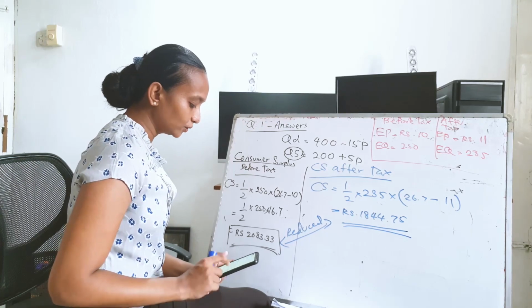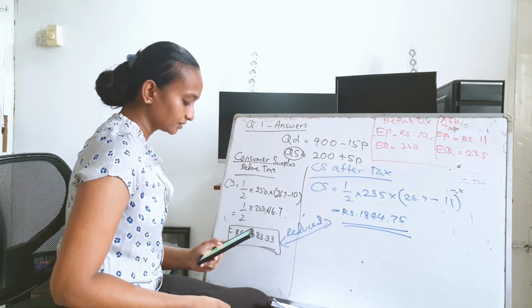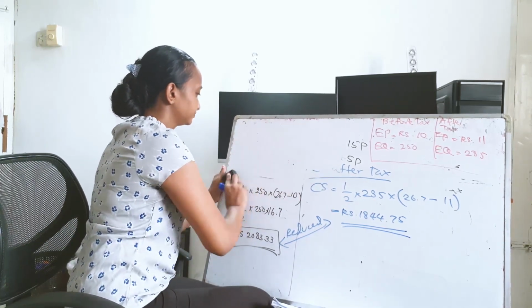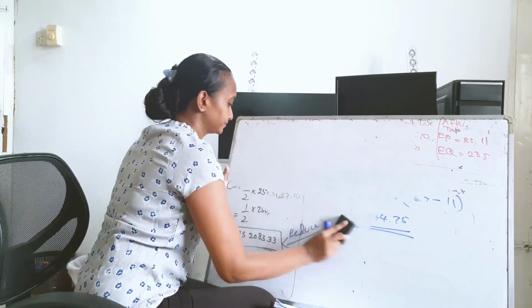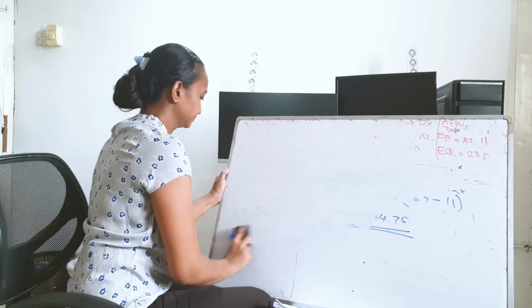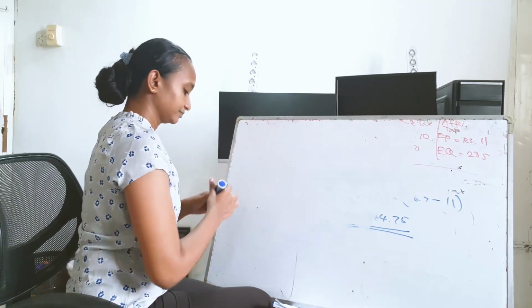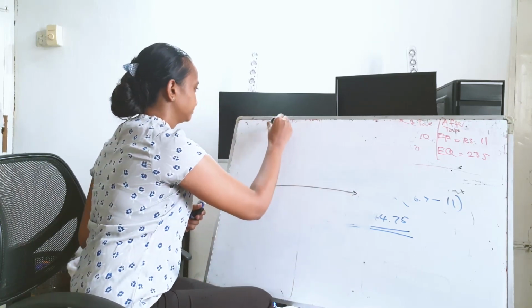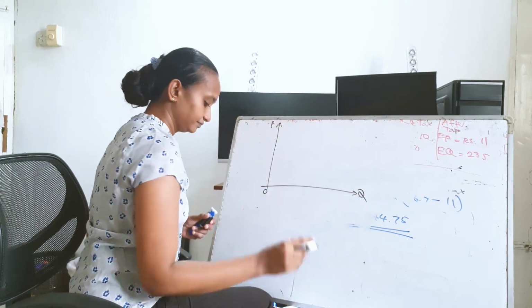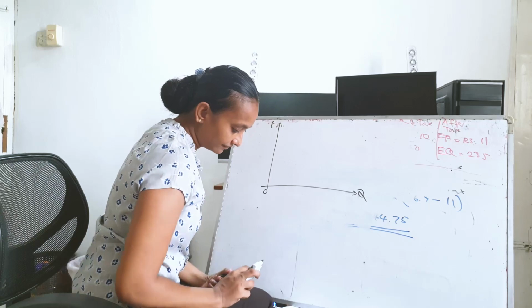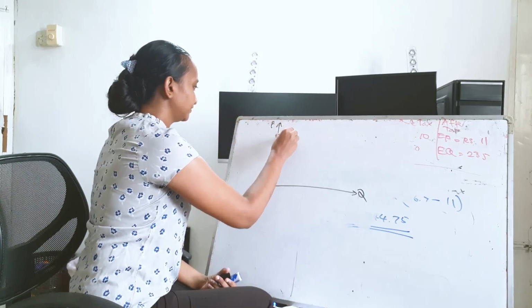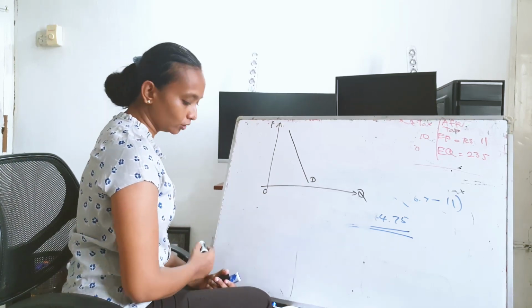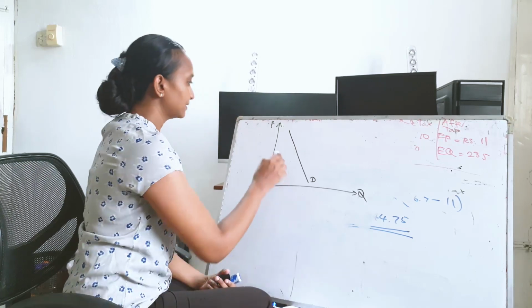Here you have to explain that the government imposes tax on the good which has inelastic demand. Inelastic demand we can draw like this, having a steep slope.